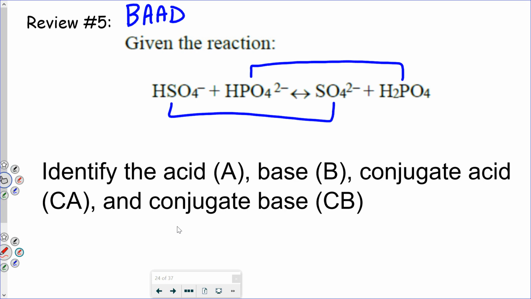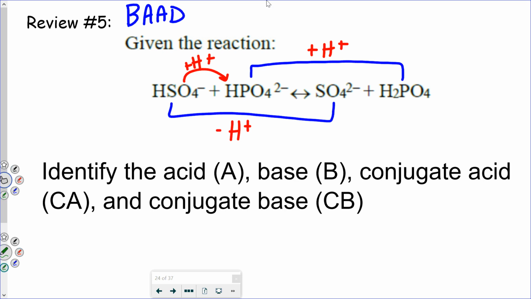So make your brackets, then figure out for each bracket, did you gain or did you lose a hydrogen ion? So going from HSO4 to SO4, I lost a hydrogen along the way. As I go from HPO4 to H2PO4, I gain a hydrogen. Well, where did that HPO4 get the hydrogen from? It got it from the HSO4. So the HSO4 gave a hydrogen to the HPO4.